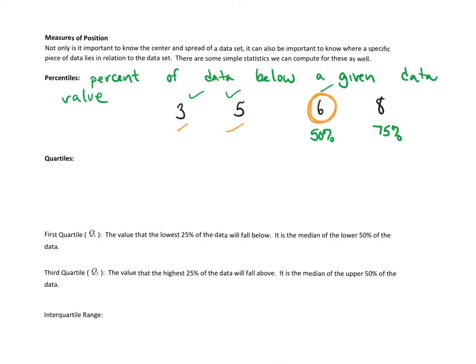A couple special percentiles we use are called quartiles. Quartiles are essentially percentiles that break the data set into 4 parts. We will have our lowest 25%, our second 25%, our third 25%, and then our top 25%.